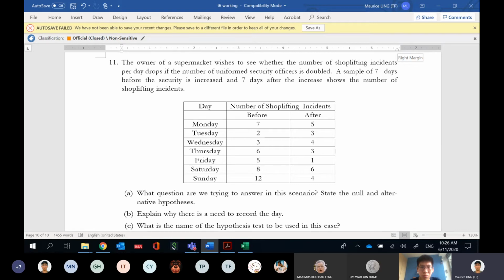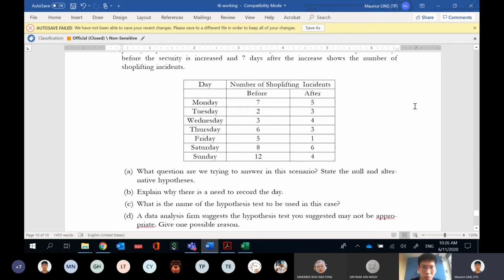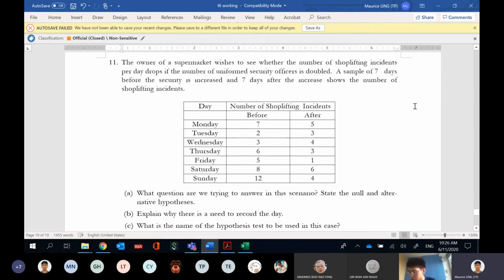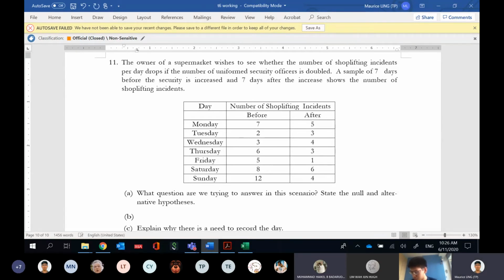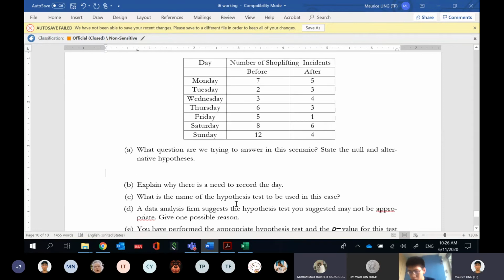Let's try. Okay, Heiko, what is the null and alternate hypothesis? The null hypothesis is mu d equals 0.